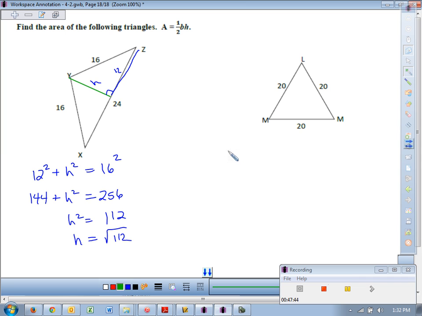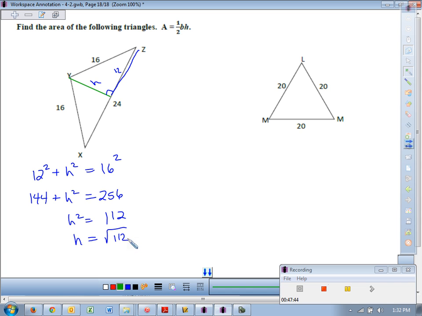Time to work backwards. 121's too big. 100, does that go into 112 evenly? 81, help me out because I don't know it off the top of my head. 81? Nope. 64 go into 112 evenly? You just punch in 112 divided by 64. Do you get a whole number? Nope. Does 49?